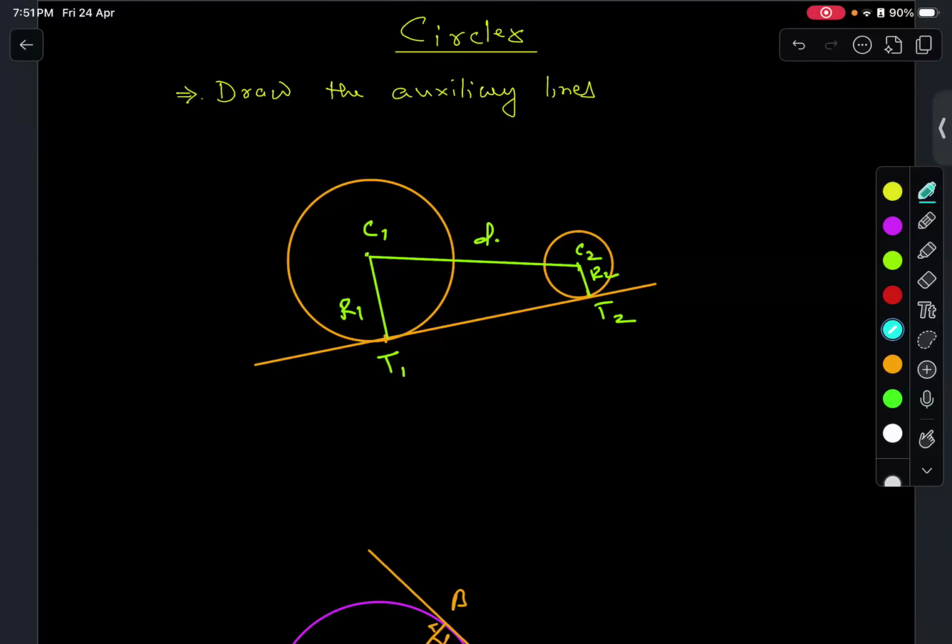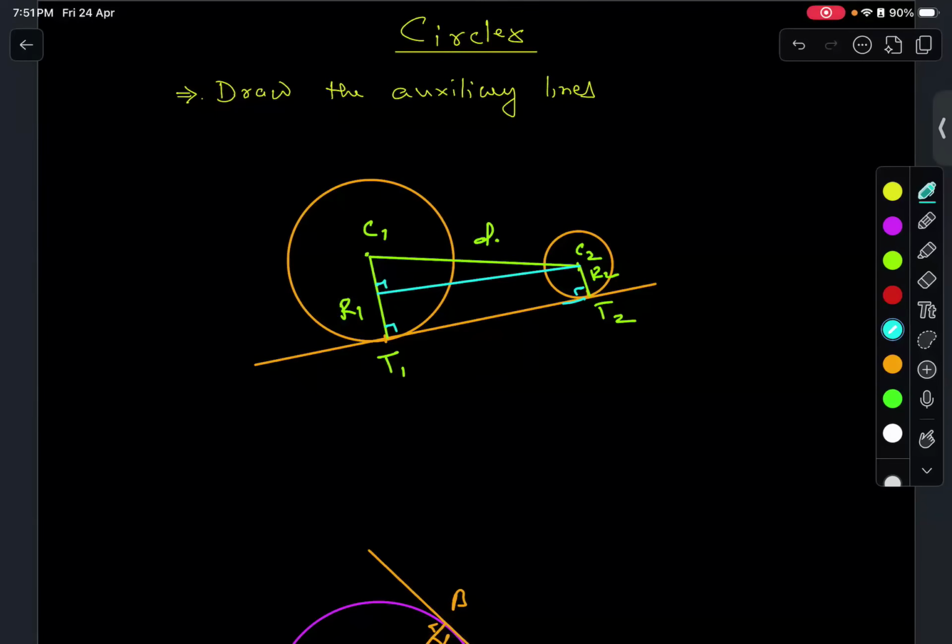Okay. See. So this is perpendicular, and this is the length that is given, right? D is given. So if I take this line as parallel to this one, this will be 90 degrees.